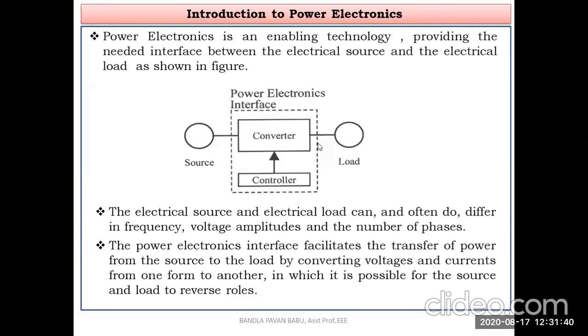That heat is utilized on clothes, different types of clothes. Likewise, if you consider any appliance, this is the basic configuration of power electronics. There should be an interface, that is, a converter and controller. Once again I repeat, power electronics is an interface between the electrical source and the electrical load. So that's the power electronics intro.